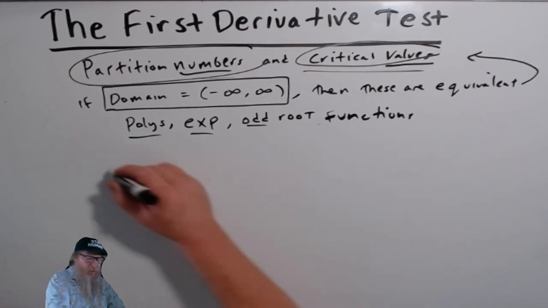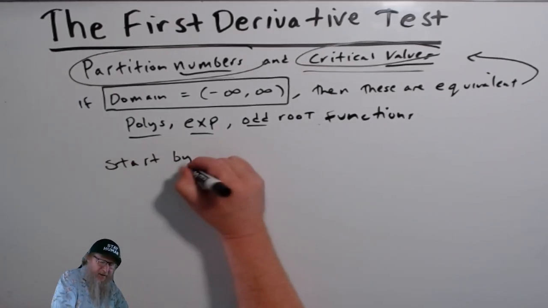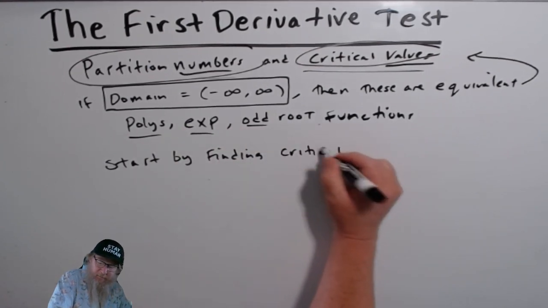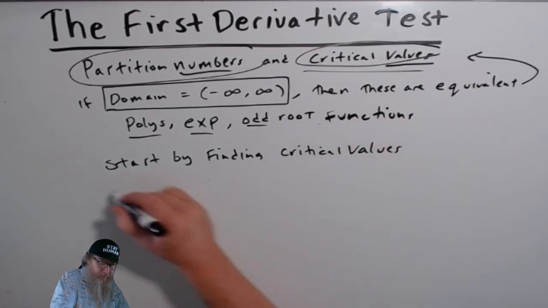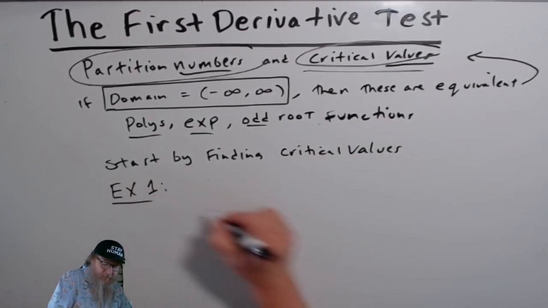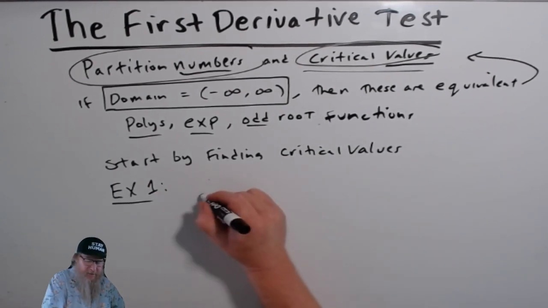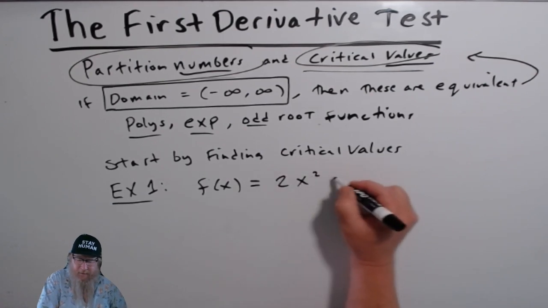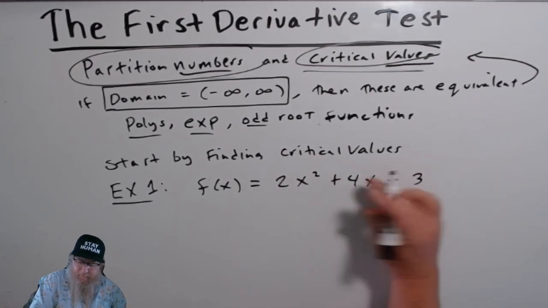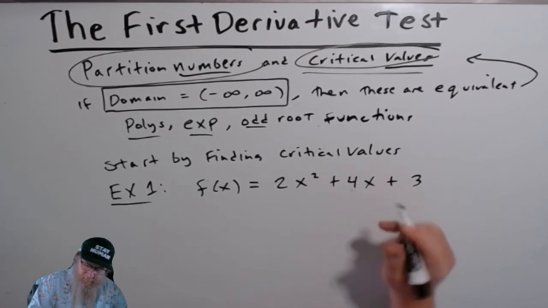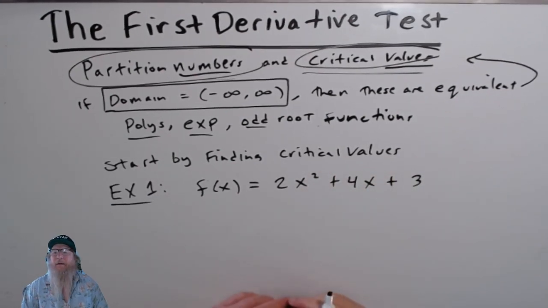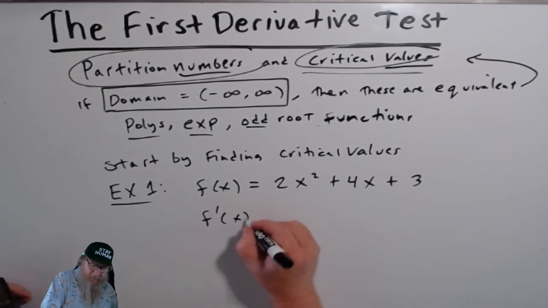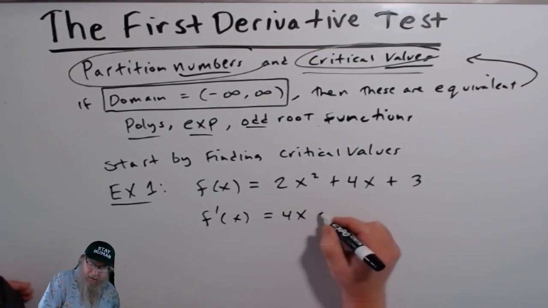Okay. So we'll start by finding the critical values. Let's take a very simple function, just a second degree polynomial. All right. So we'll start by finding the critical values. So we take the derivative. That's 4x plus 4.